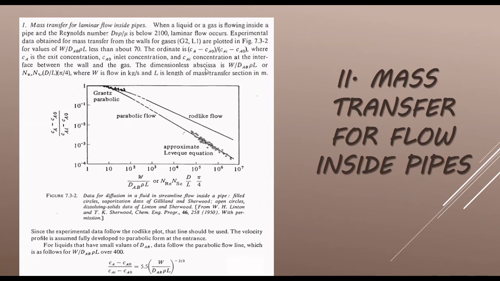Now the dimensionless abscissa can either be W over D_AB rho L, or it could be a combination of the Reynolds number multiplied with the Schmidt number, times the D over L ratio and pi over 4. Now, your W here is the flow in kilogram per second, and L is the length of the mass transfer section in meters.